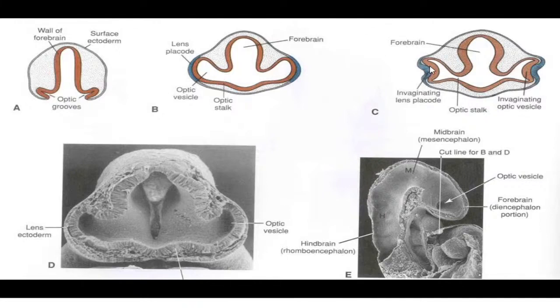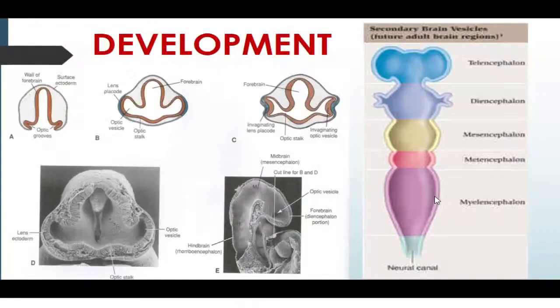Next, invagination of the lens placode, the optic stalk, and differentiation of the forebrain and diencephalon. This is a scanning electron micrograph, which also shows the optic vesicle and lens ectoderm very well. Also we can see how the brain vesicles are present: hindbrain, midbrain, and forebrain. And we were just talking about forebrain differentiation into the diencephalon.